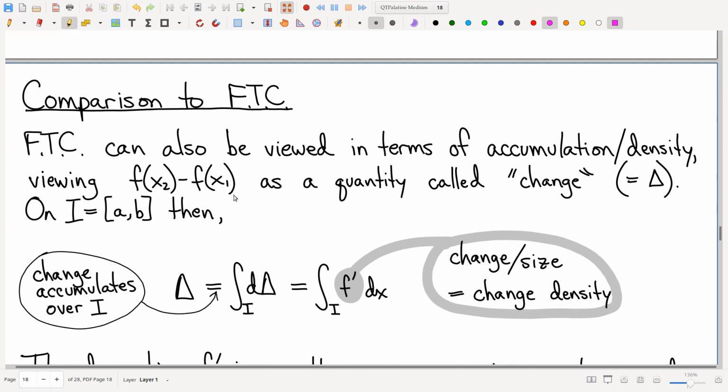The fundamental theorem of calculus is about an accumulating quantity, if you look at it from just the right point of view. The accumulating quantity in question is change. Right, f of b minus f of a. That formula for some given function f is an accumulating quantity.